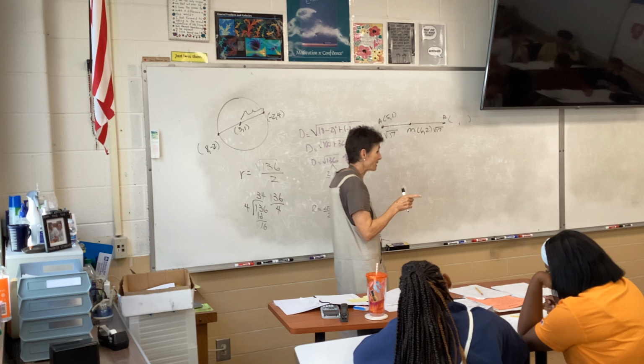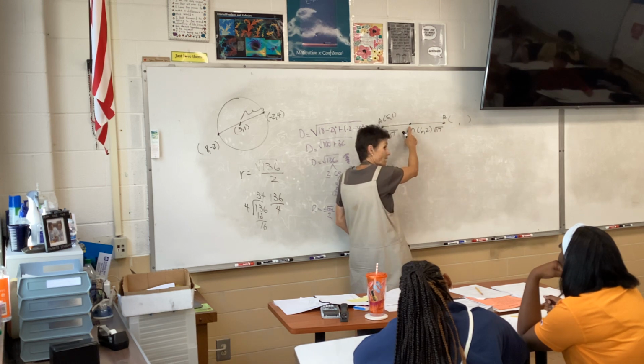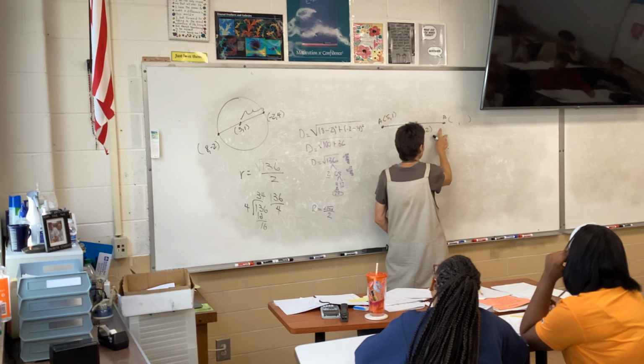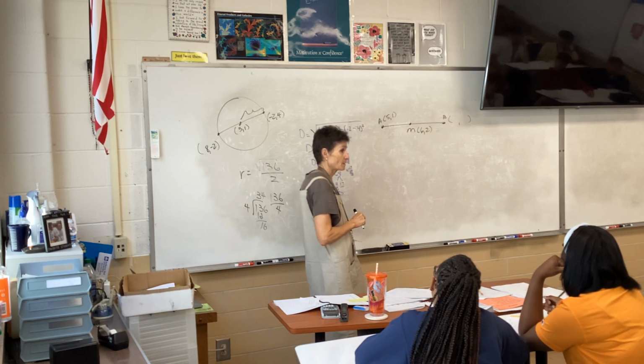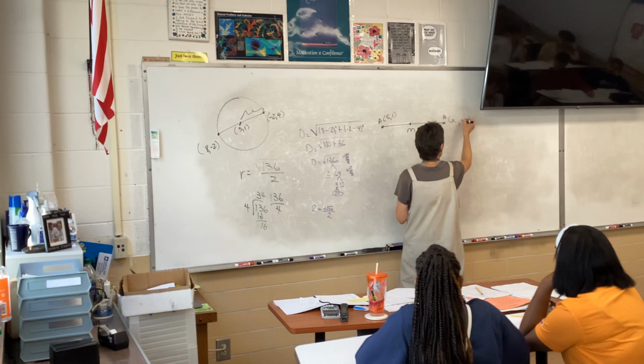You could do it, but I think there's a really easier way. Instead of doing distance, this problem's all about midpoint. So could we use our midpoint idea to find those coordinates? Think about it for a second. We don't know what these are.